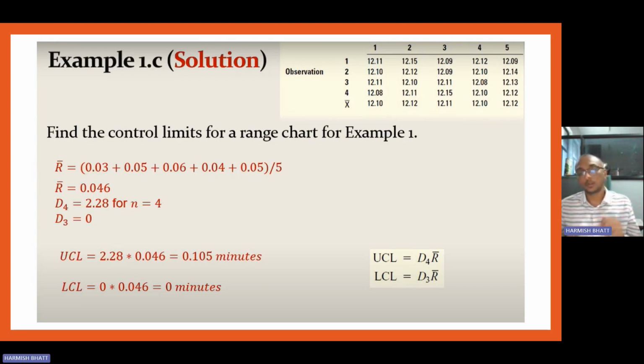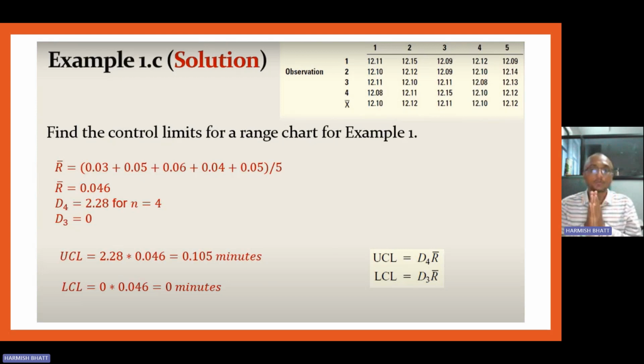Now, over here till now, we have made 2 different charts, X bar chart and R chart. Now, from both of these charts, the conclusion can be made whether the process is under control or the process is not under control, and some corrective actions are required.